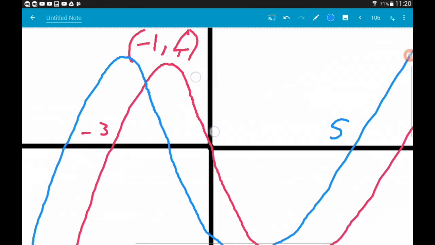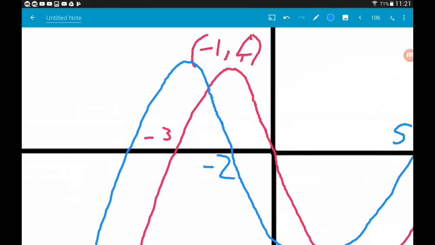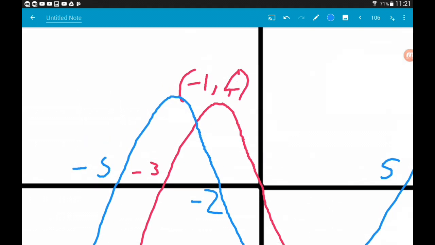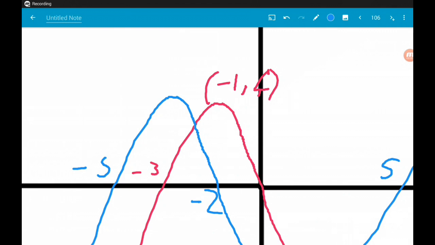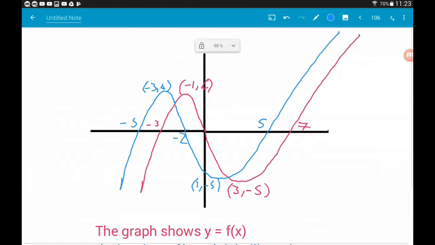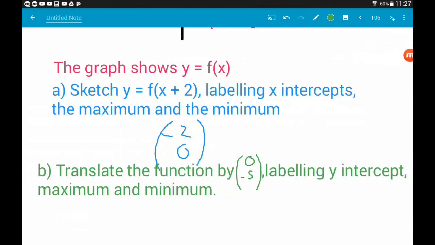This x-intercept is now going to be at minus 2. This x-intercept is now going to be at minus 5, and this maximum is now going to be (-3, 4). Good times. So, there's our transformed graph.